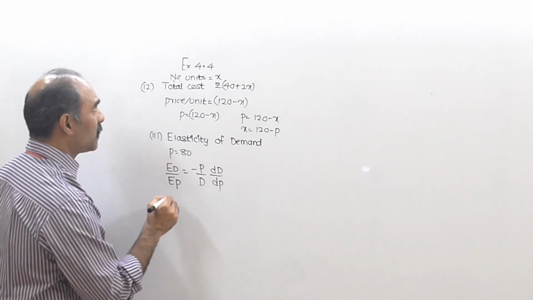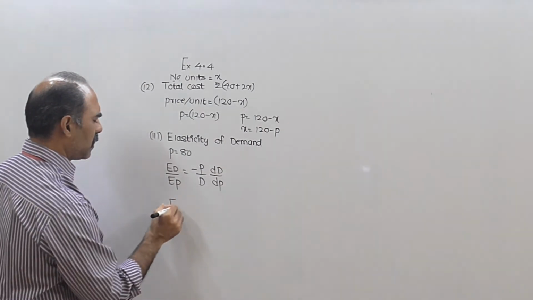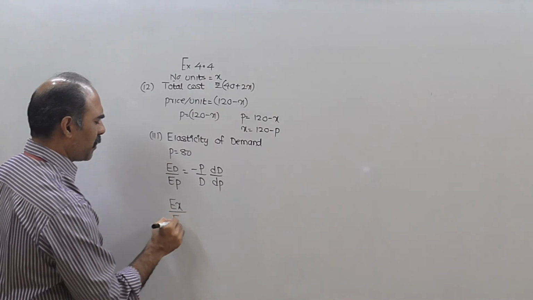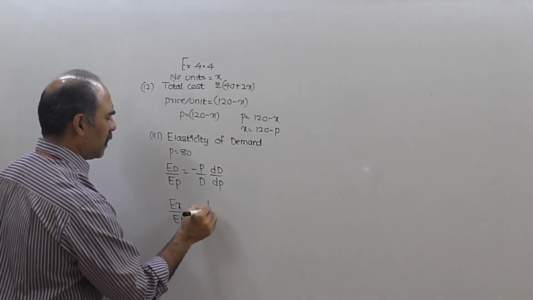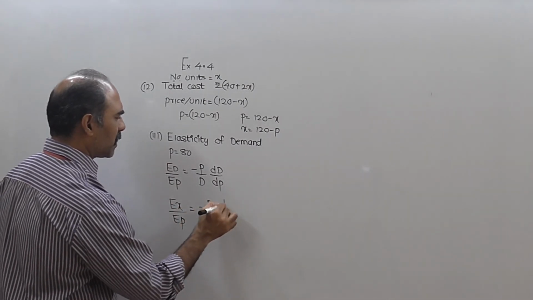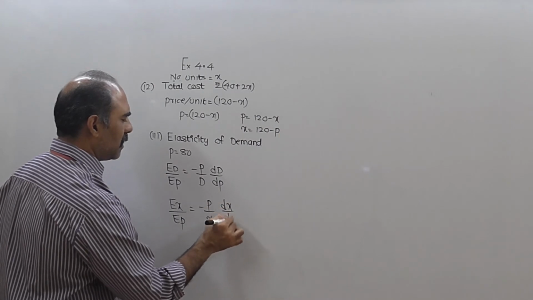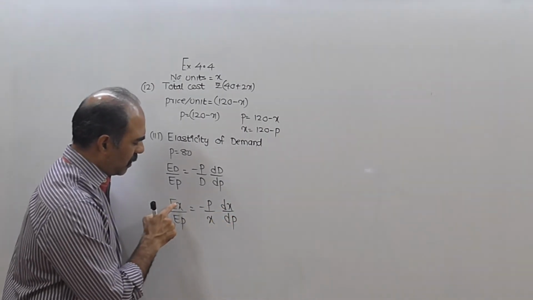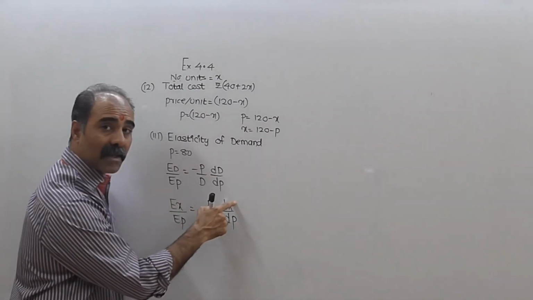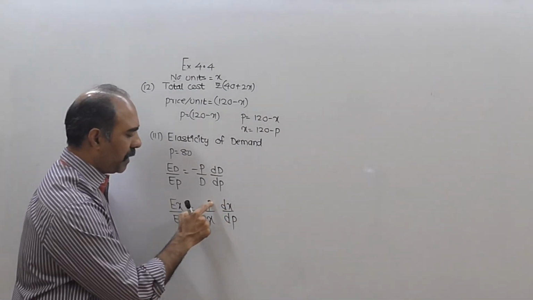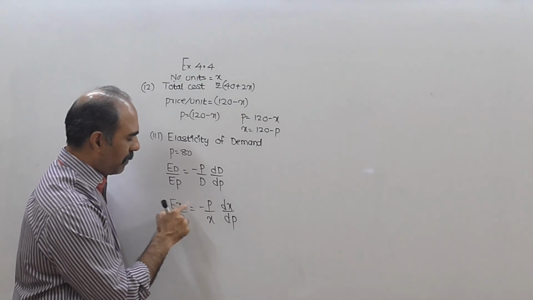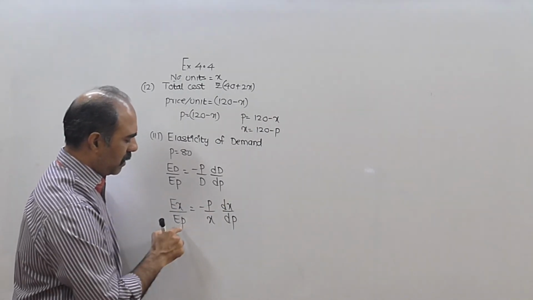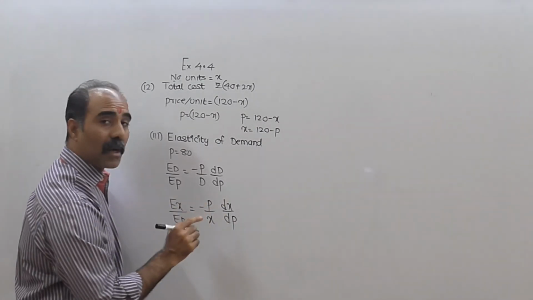Units. So this will be nothing but EX upon EP equal to minus P upon X, dX upon dP. See, it is very easy to remember: X up, X down, X up, P down, P up, P down, up, down, up, down.